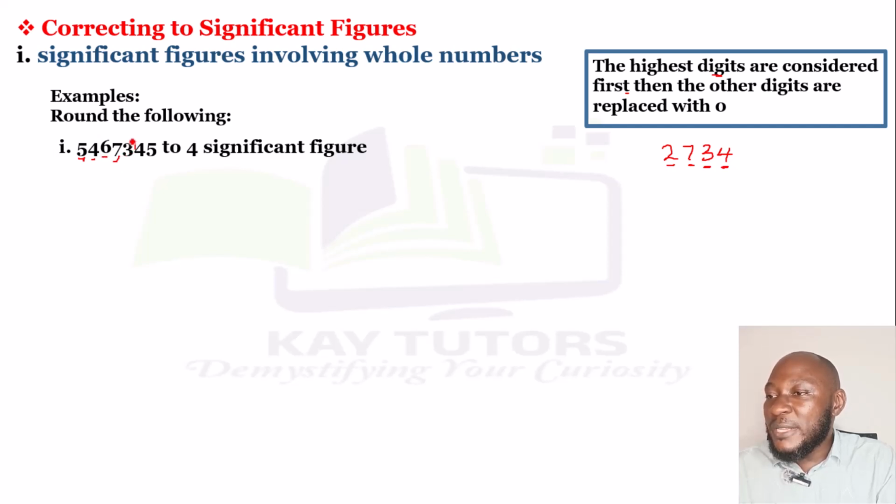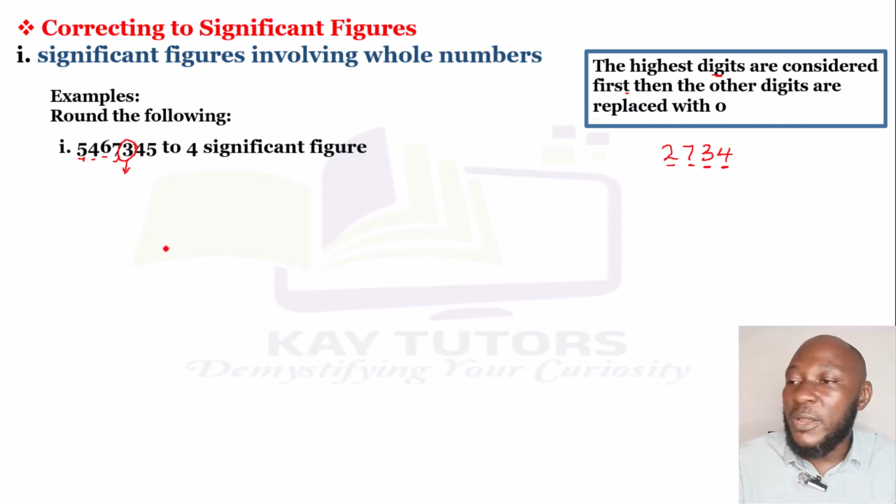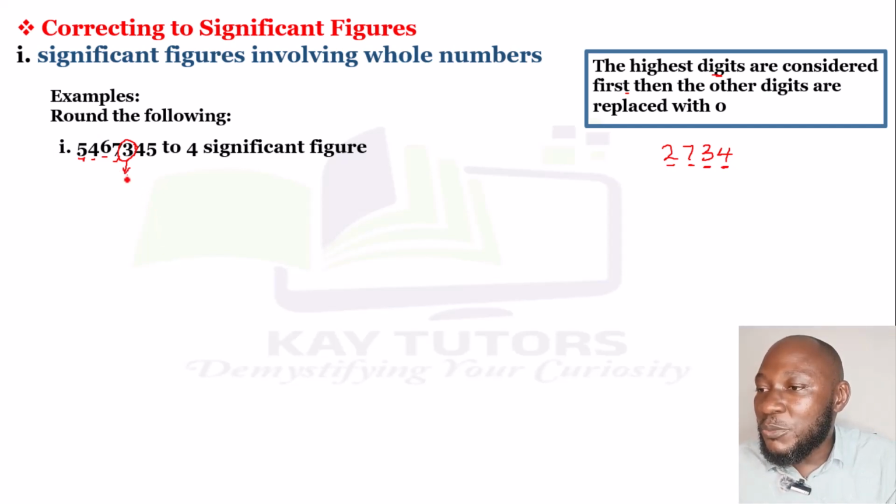So my judgment again is on the 5th digit. Then the rest I'll replace with a 0. So this is rounding down because it is not up to 5. And since I'm rounding it down, it will be 0. I'll add my 0 to 7 here. That is not changed. Okay, so my answer here is what?